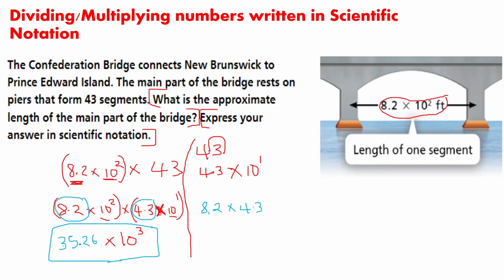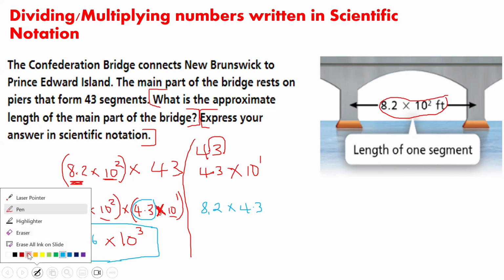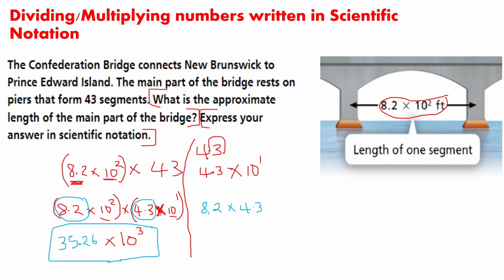If you look at the first factor, 35.26, this first factor here is greater than 10. And one of the rules is that when you are writing a number in scientific notation, the first factor must be less than 10 but greater than or equal to 1. So we need to make this number less than 10. To do that, we are going to move our decimal place to the left.